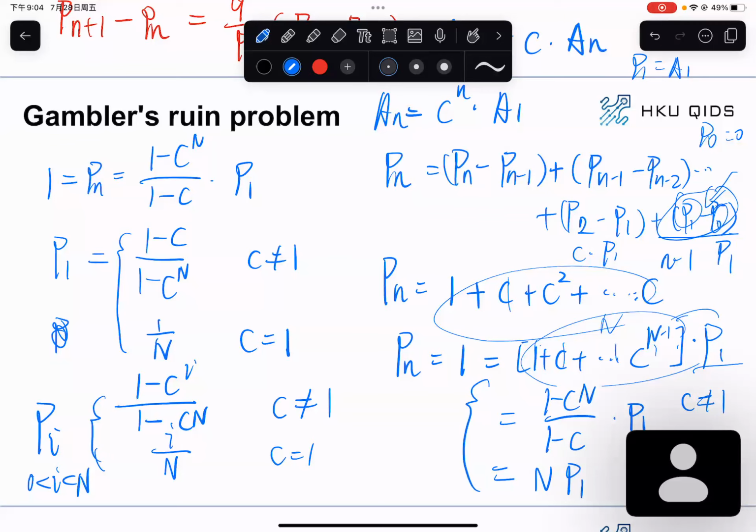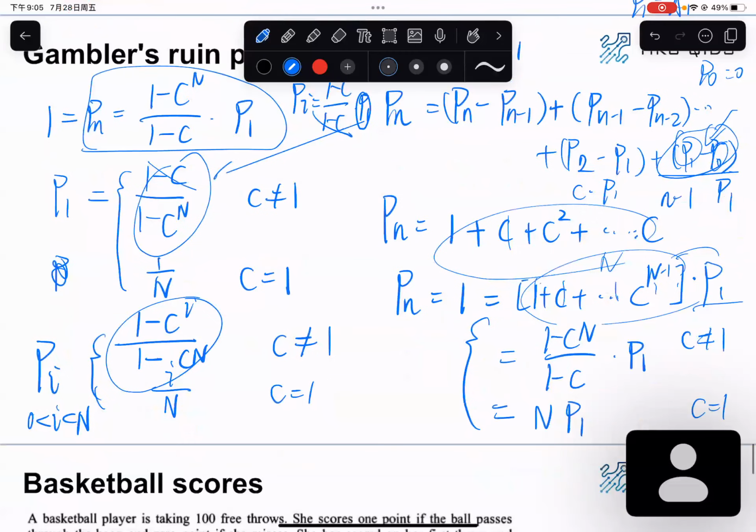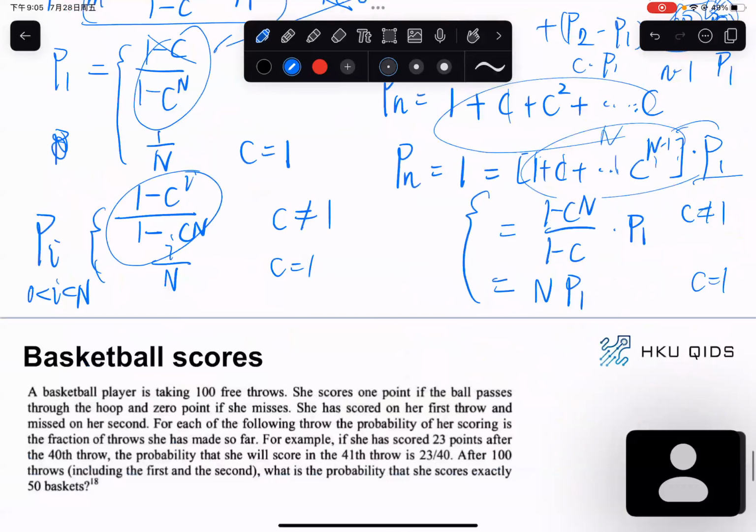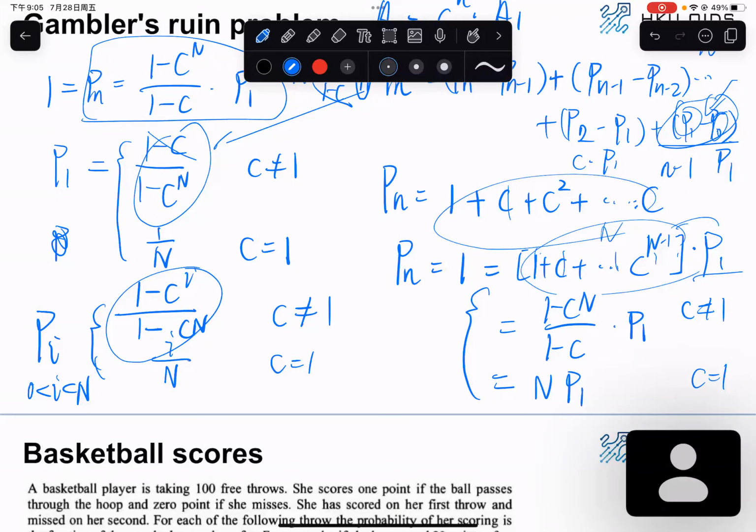Why is that the case? Because from this solution, we can also get Pi equal to 1 minus C to the i over 1 minus C, multiplied by P1. And we just replace this P1 with this part. Combined together, we can cancel these two out, so it becomes this format. Okay? So it just becomes the typical sum formula of a geometric sequence, inverted.